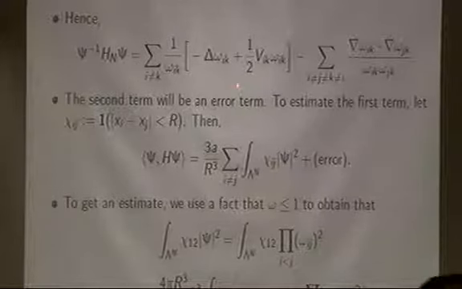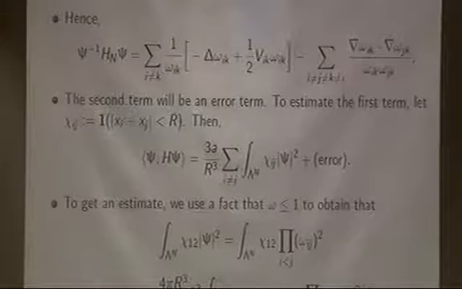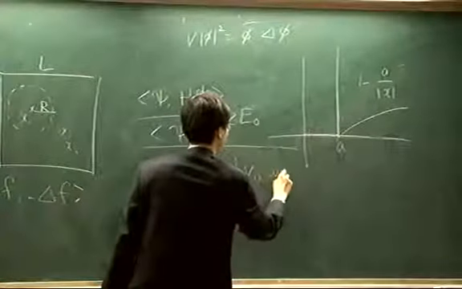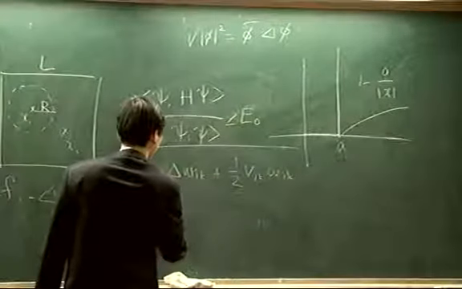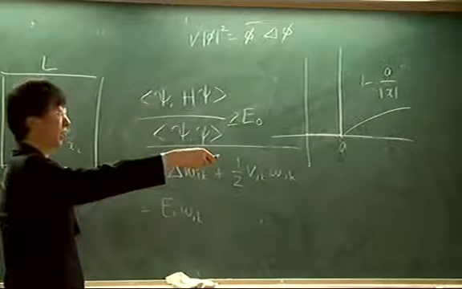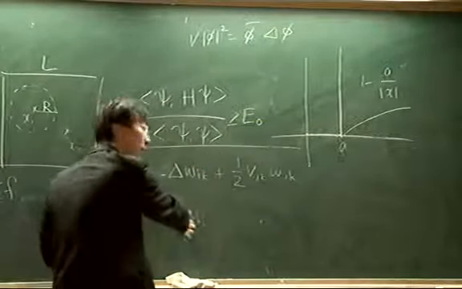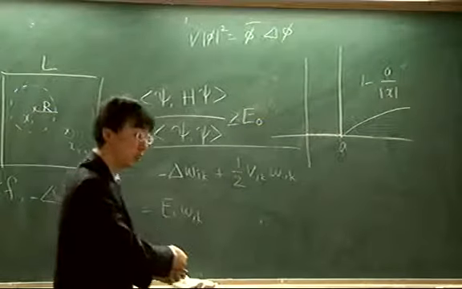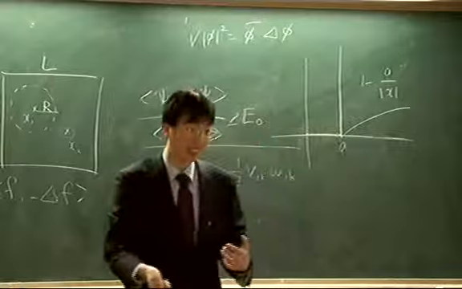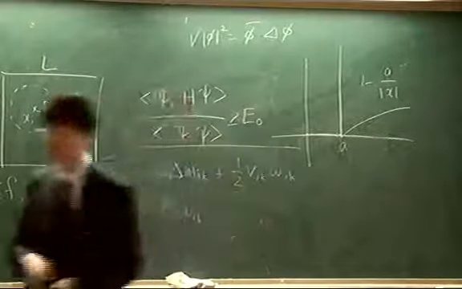And this thing becomes minus Laplacian omega ik plus 1/2 v ik omega ik, which is E0 omega ik, and after having this 1 over omega ik, the omega ik is cancelled, so we only have E0 as long as the distance between xi and xk is less than r.